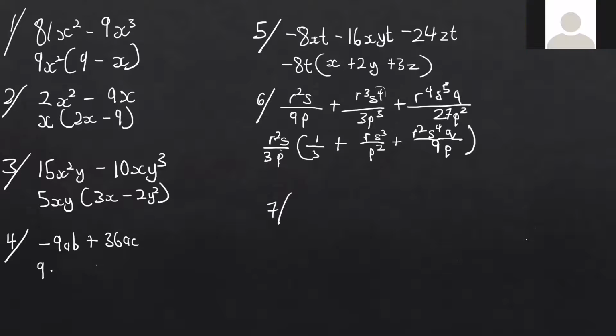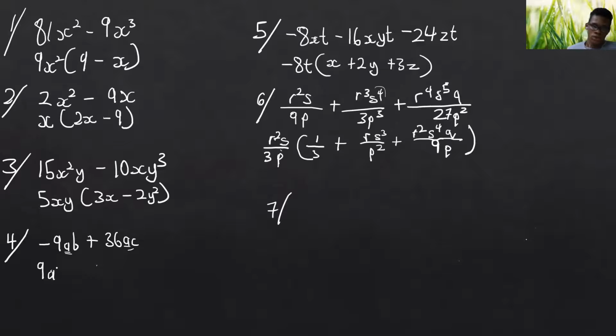That's your final answer? 9AC? Oh yeah, C is not in both terms. So why is C being factorized in the highest common factor? C needs to be in both terms for you to factorize C. A is in both terms, so we can factorize. That's the first thing you check for.